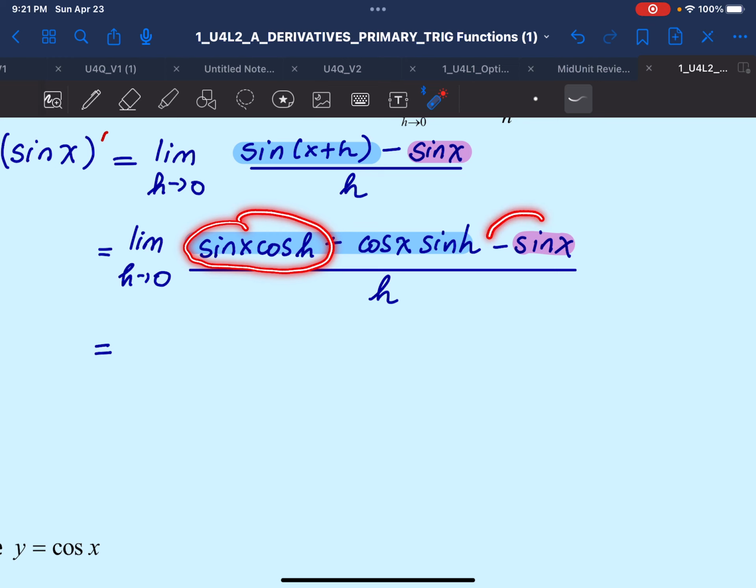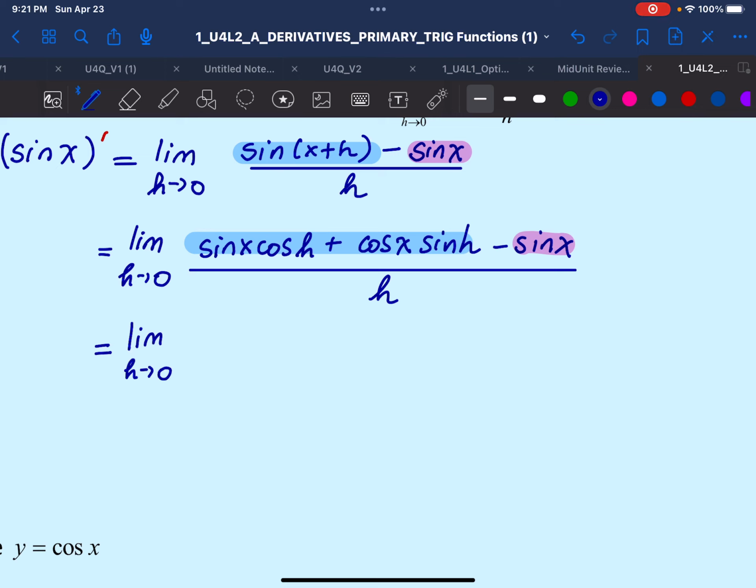As you can see here, we have sine x cos h and sine x that have sine of x in common. So we'll bring them together. Again, we are following the strategy: simplify as much as possible, transform as much as possible, and check and see if there are patterns that can help us get to the solution. And then we have plus cosine of x, sine of h.